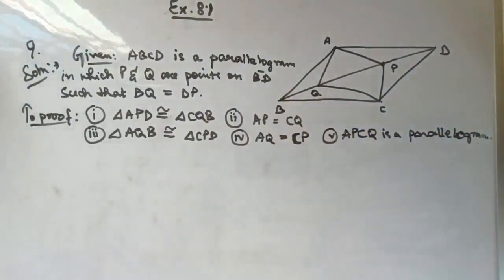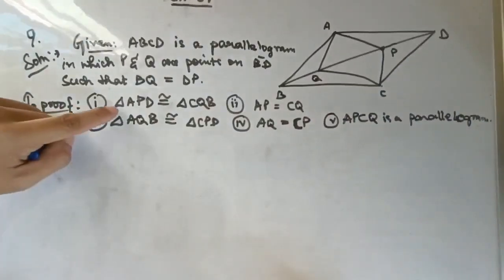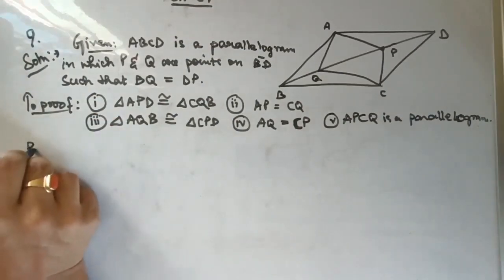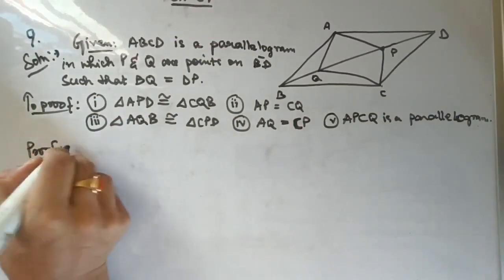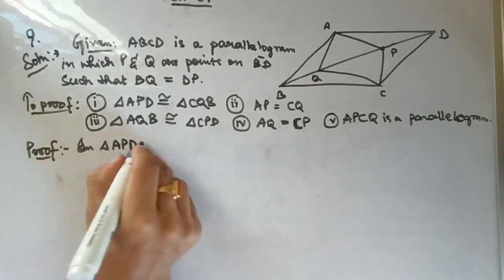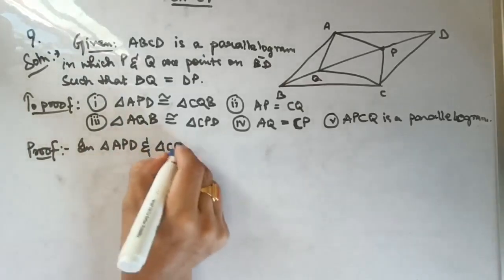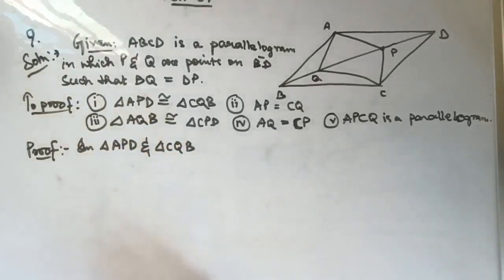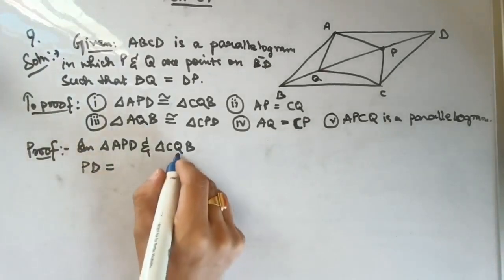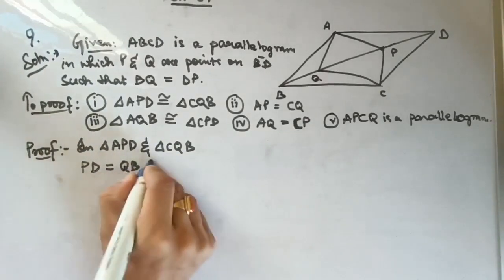Let us first prove triangle APD is congruent to triangle CQB. So proof: in triangle APD and triangle CQB, side PD is equal to QB, this is given.